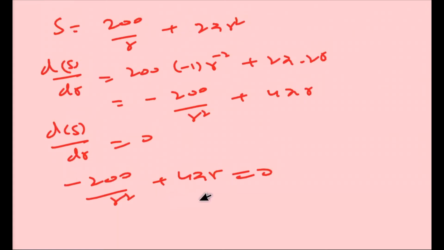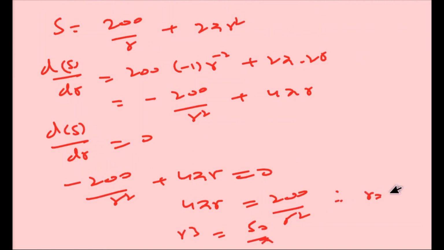So what do we get for the value of r here? 4 pi r equal to 200 upon r square, so that r cube equal to, 4 is cancelled here, 50 upon pi, hence r equal to 50 upon pi, taking cube root, power 1 by 3. So at r equal to this we have to judge the second derivative.